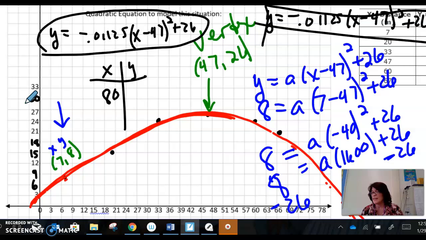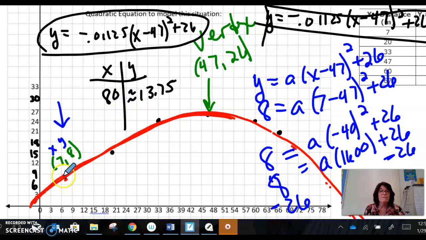Add that to 26, and I get 13.75 about. Okay, so after 80 meters, my height, I think, is going to be about 13.75. Okay, I used my parabola to find that answer.